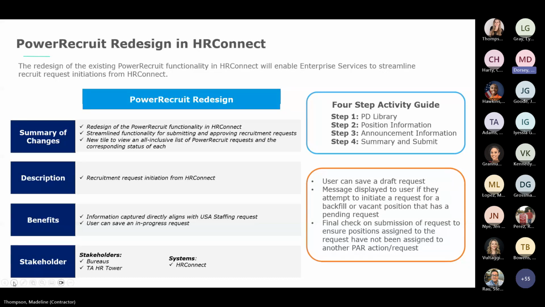We will walk through these steps during this training. Other updates include the ability to save a draft request, ability to print or save a copy of the request, and a final check prior to submitting the request. Next slide.